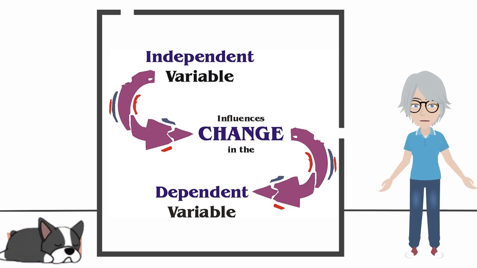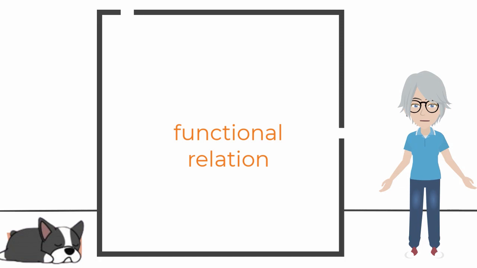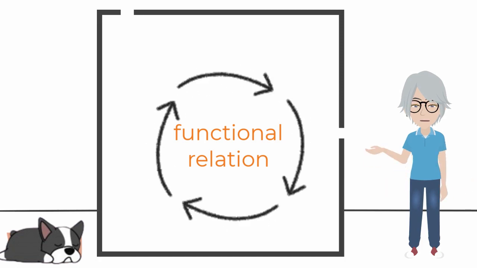And that could be praise, or it could be a teaching strategy, it could be anything, but it's the independent variable. It's what we are controlling. Then there's functional relation. A functional relation is demonstrated if the changes in the dependent variable are replicated or duplicated each time the independent variable is implemented.